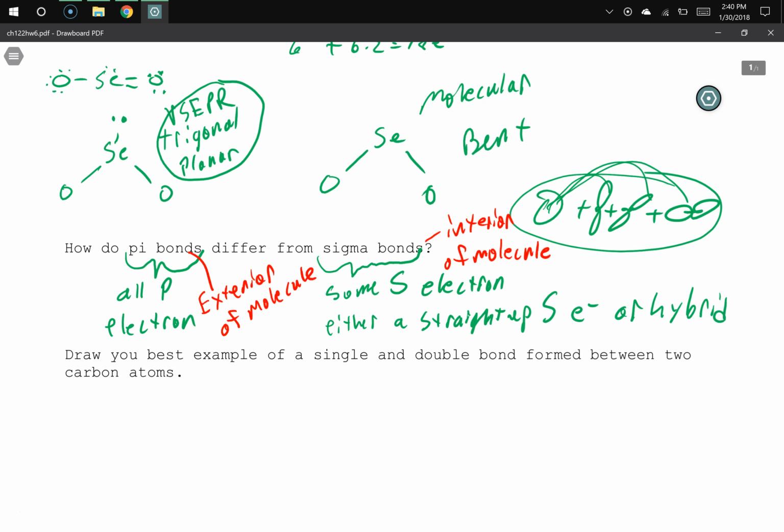So you can interact with them easily, where the sigma bond electrons are located in between the atoms. So there's a measure of protection from the atoms themselves to keep those electrons located between those atoms. So anything that's got a double bond is going to be much, much more reactive than things with single bonds.